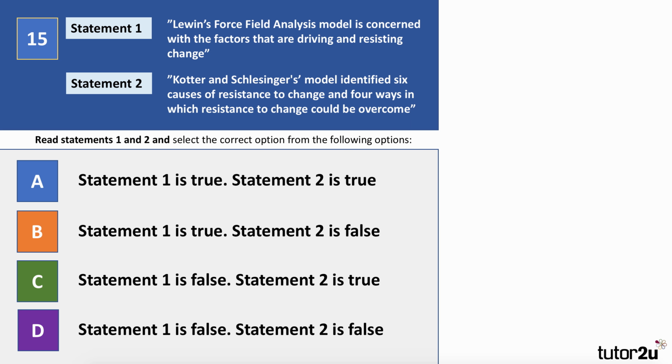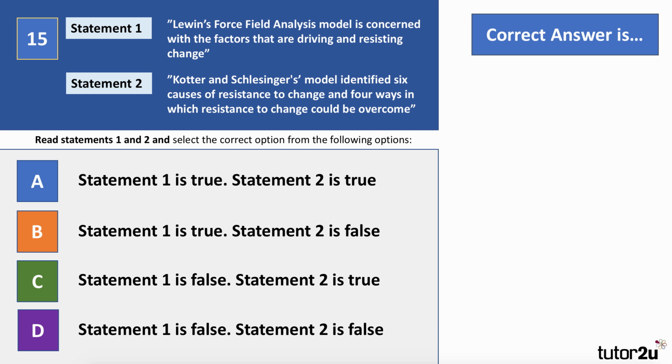Okay, had to be careful with this one. Well, the correct answer is B. Statement 1 is true. Lewin's force field model is all about trying to score, to assess the forces that are driving change in the business, but also the forces that would be resisting change. And where does the balance of those forces lie? Absolutely true.